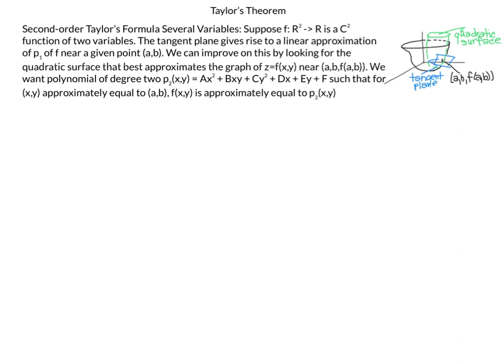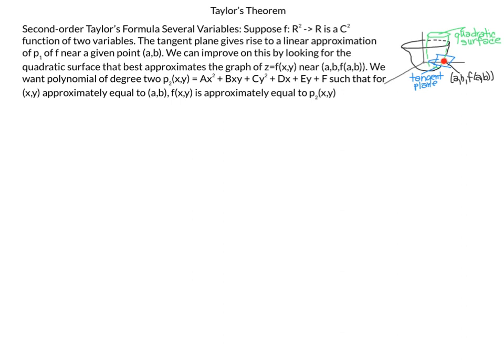Next, we're going to look at second order approximations for our surface. And the tangent plane here is our first order approximation. So here we have a surface, this bell surface, and this blue plane is our tangent plane. It's tangent at this point (a, b), and it's a good approximation, especially very close to the point (a, b).